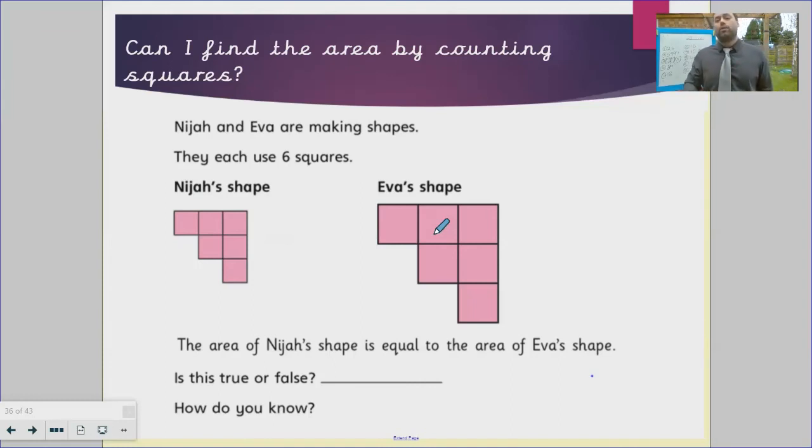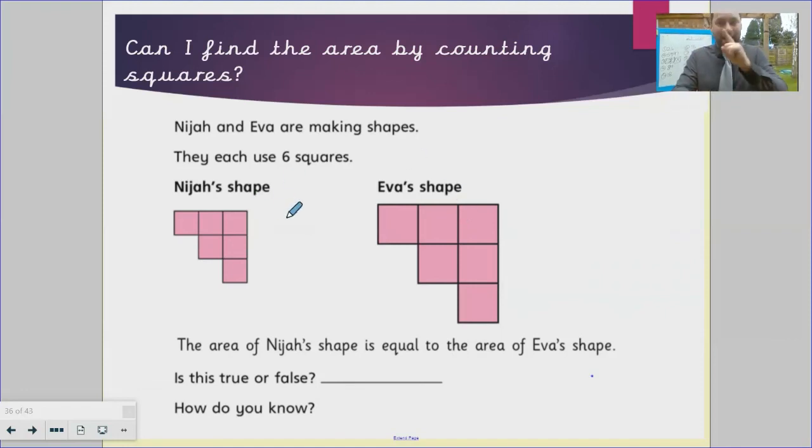We don't know what the measurements are, so we can't be 100% sure whether these shapes have different dimensions. This one looks a bit bigger, but that could be zoomed in. This one could have been zoomed out. So if we were just looking at how many squares are being used, the area is equal, they share the same area because there are 6 squares each.